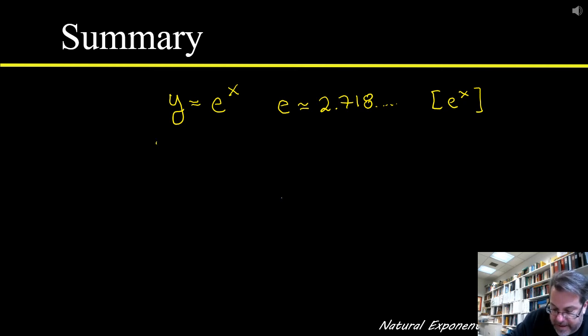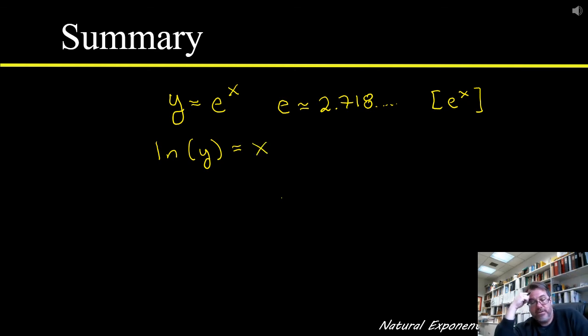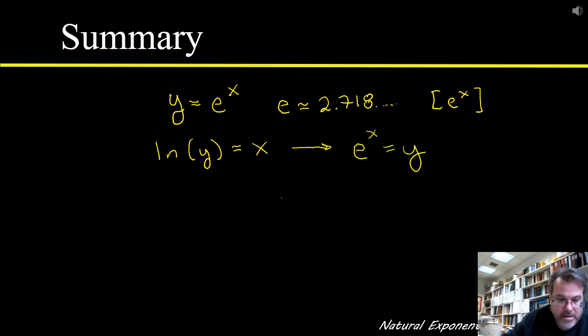We also looked at natural logs. And we said an equation like this, natural log of y equals x, is interpreted as meaning there is some number x such that e to the x equals y, and your job is to figure out what that x is, right?